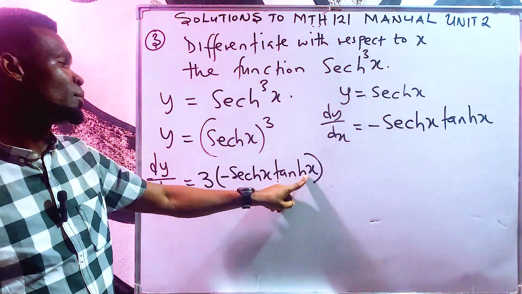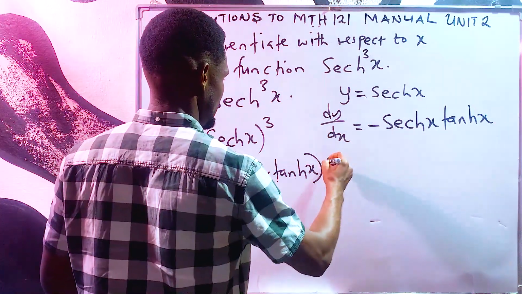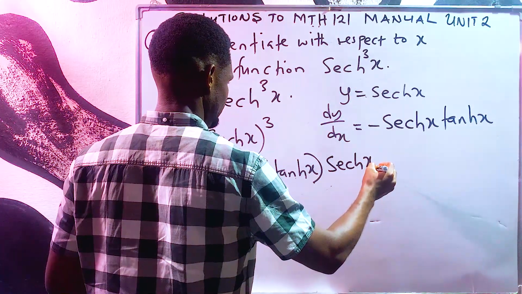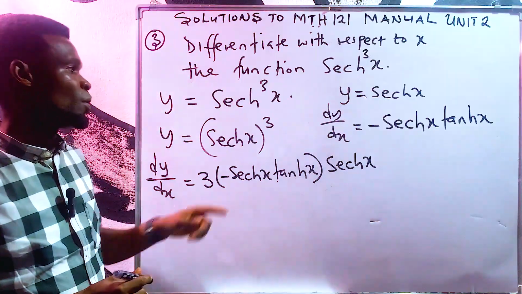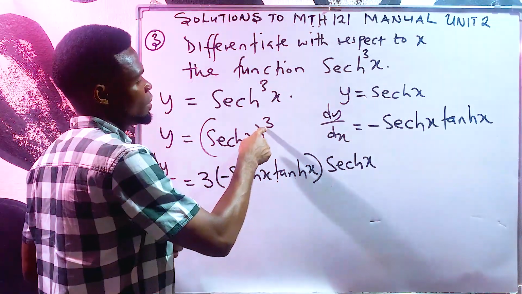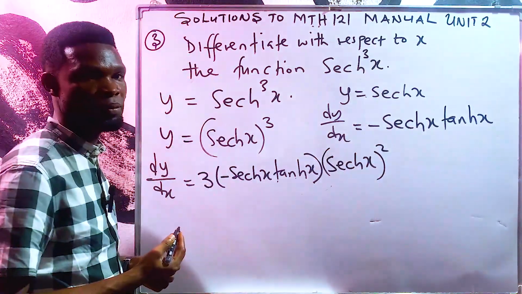Step 3, repeat the bracket, which is sec x. Then step 4, subtract 1 from the power. So that will be 3 minus 1, you have 2. So this is raised to the power of 2.